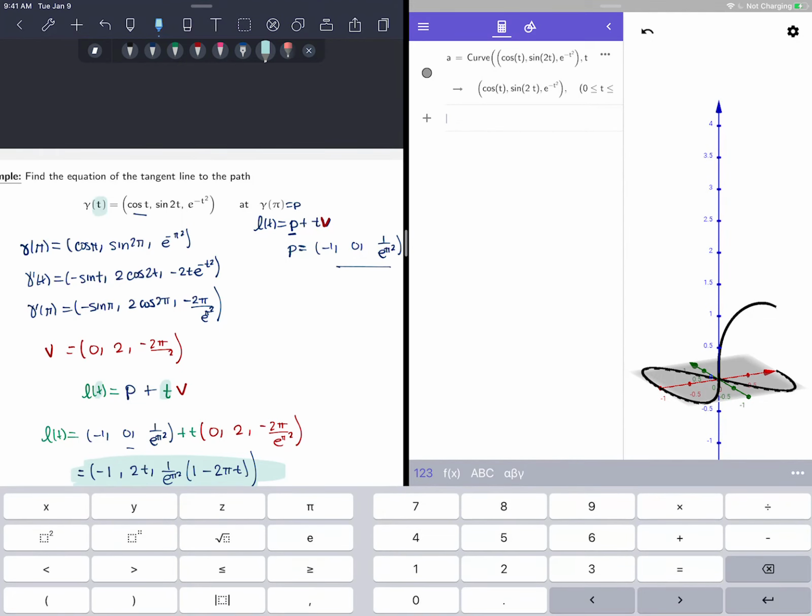The point that we got, I can type it here. The point where I'm doing this is the point negative 1, oops, negative 1 comma 0 comma 1 over e to the pi squared. I can just write e to the negative pi squared.